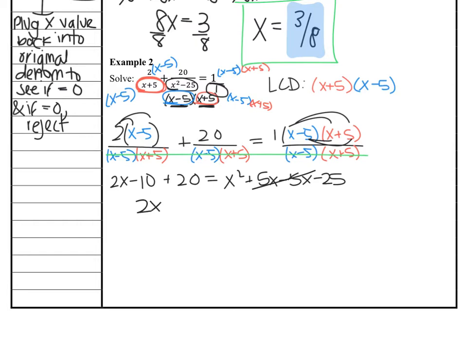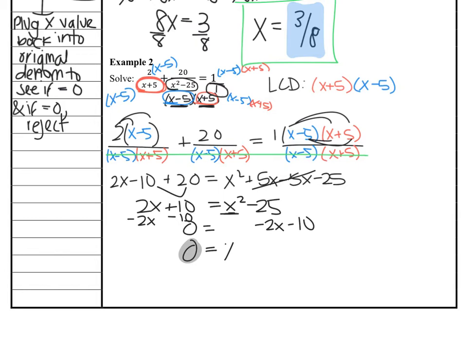Now we have 2x plus 10 when I combine these here, equals x squared minus 25. So because of this x squared here, we have to get this side equal to 0. So I'm going to subtract 2x and subtract 10. So now we have 0 equals x squared minus 2x, and then negative 25 and negative 10 make negative 35.